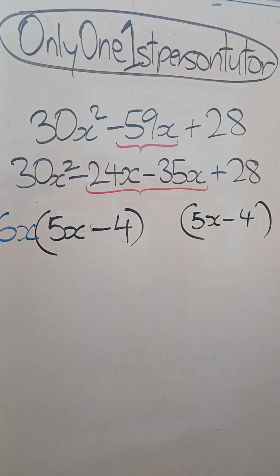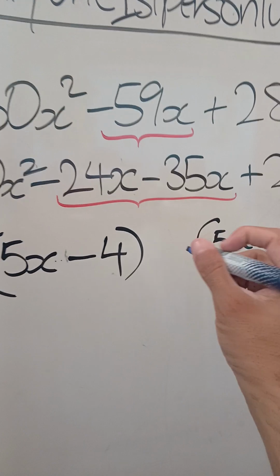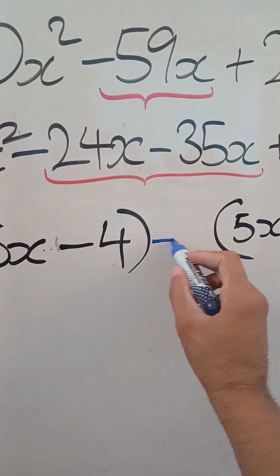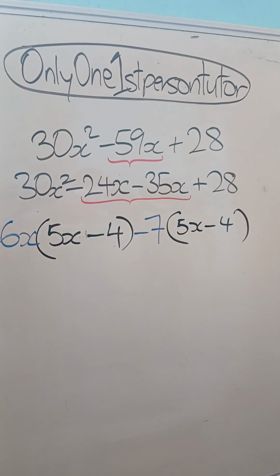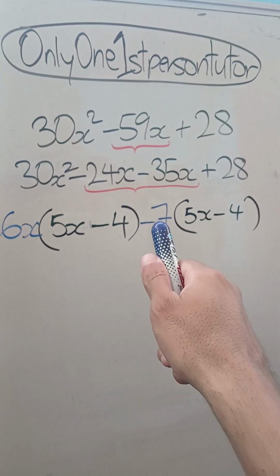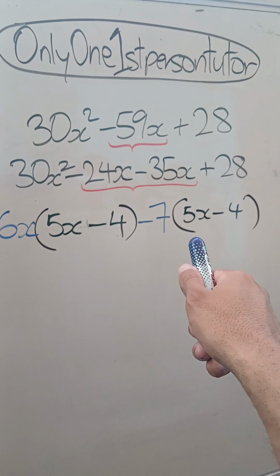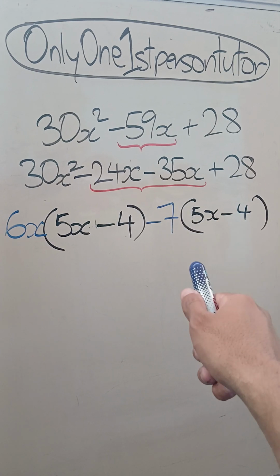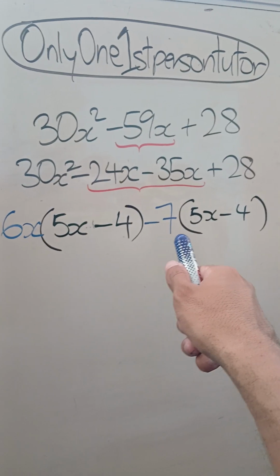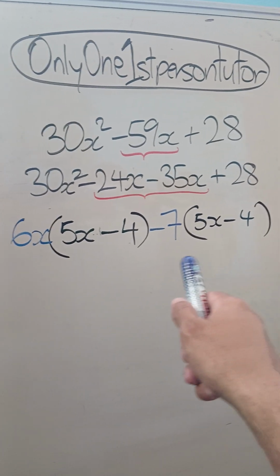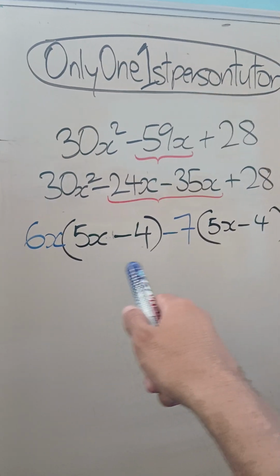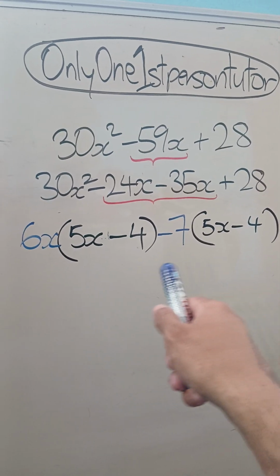Minus 35 over 5 is going to be a... So, you multiply minus 7 by the 5x, you'll get the 35x. You multiply the minus 7 by the minus 4, you get plus 28. So now, we're looking quite okay right here.